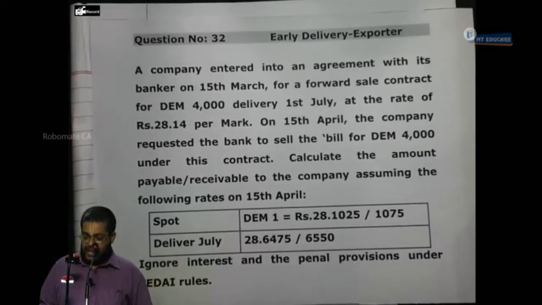On 15th April, the company requested the bank to sell the bill for 4,000 Deutsche Mark under this contract. Calculate the amount payable or receivable to the company assuming the following rates on 15th April. Spot given, delivery on July. That is on 15th April, July forward is given. Ignore interest and penal provisions under FEDAI rules. Can we start or not?